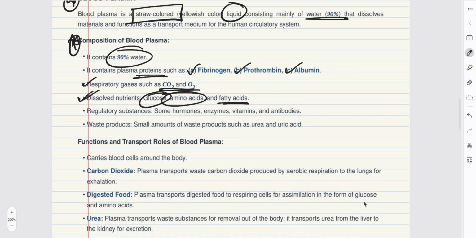Then we have the regulatory substances such as hormones and enzymes, and it even contains waste products such as urea and uric acid. So see, blood plasma is the main transport medium, it is transporting everything, right? And the majority of the blood plasma is liquid, and it is very important to know the color. It is a straw colored liquid, right?